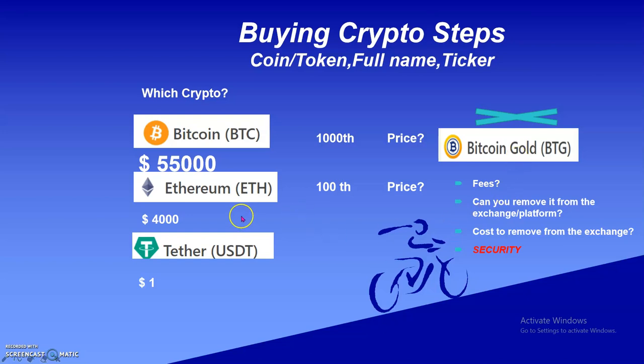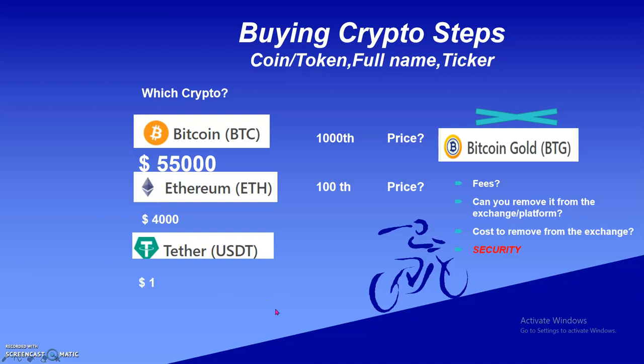The same would apply to Ethereum as well. Ethereum is the second largest cryptocurrency. The short form or representing code, or ticker, is ETH, which is Ethereum. There is also Ethereum Classic, which is ETC. So we just need to be sure that we've got the right currency or coin when we're making our final purchase.